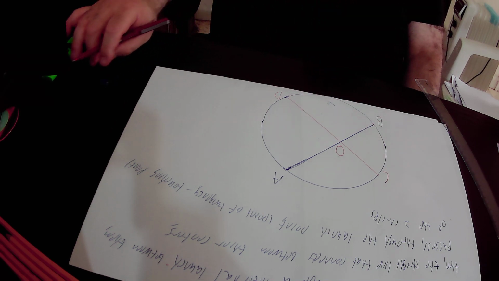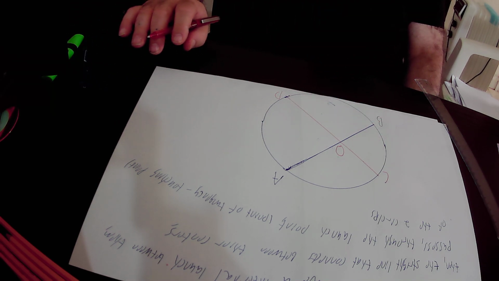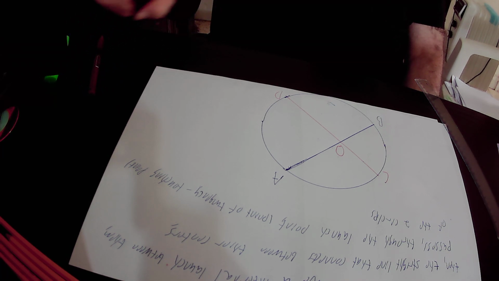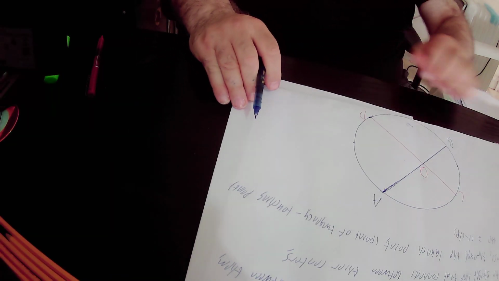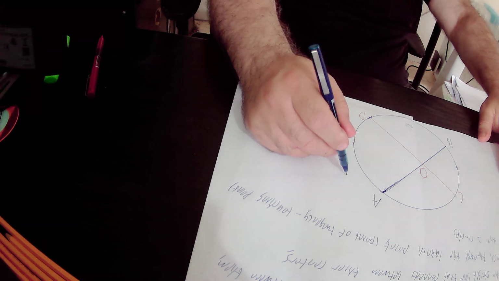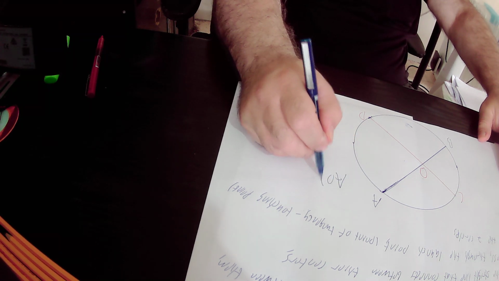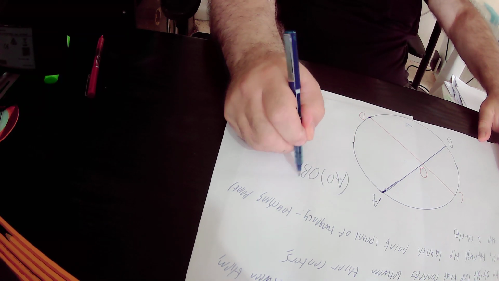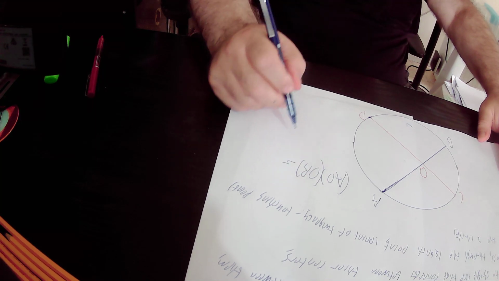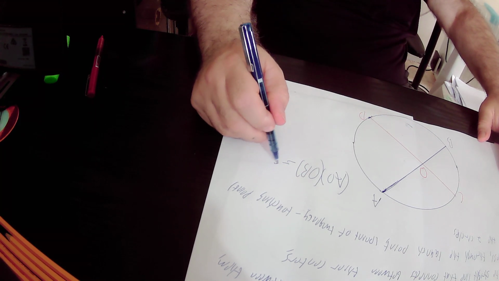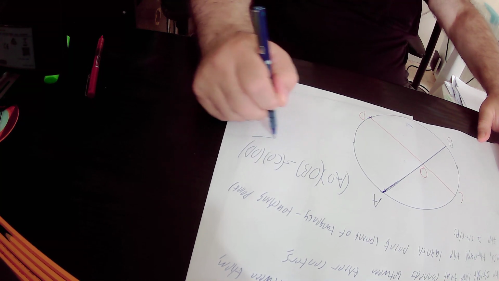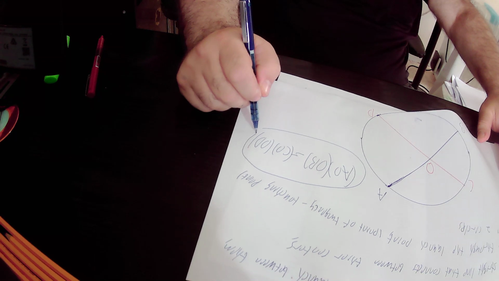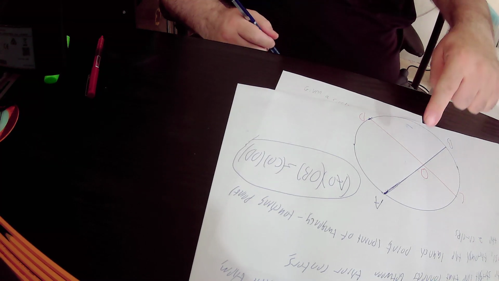So if this is the data that has been given to us, then according to rule number 1, we get that AO times OB equals CO times OD. I'll repeat again.